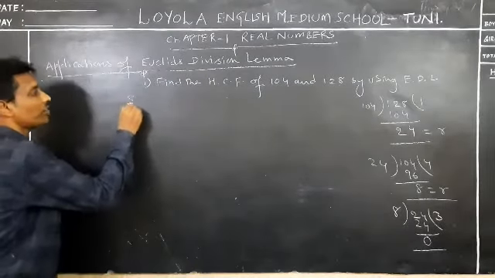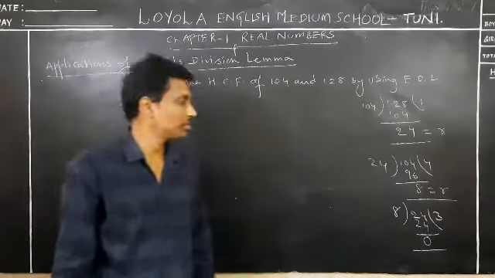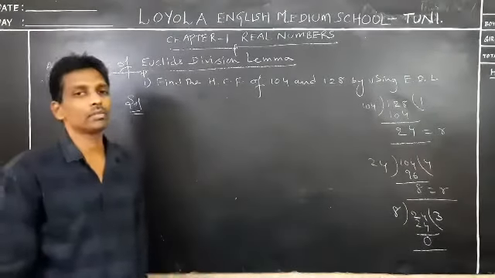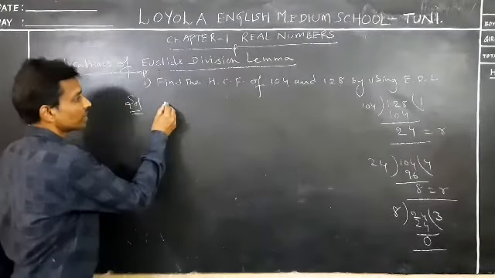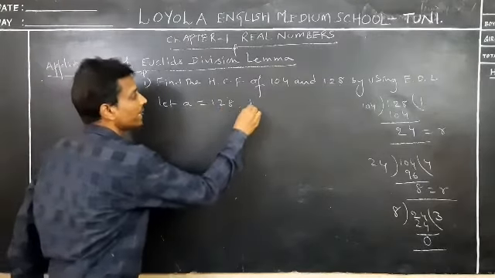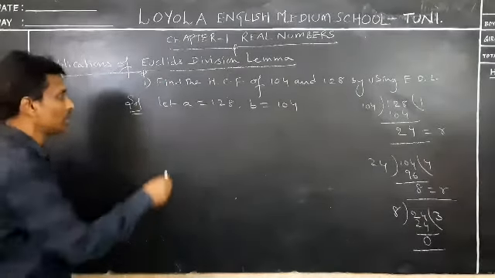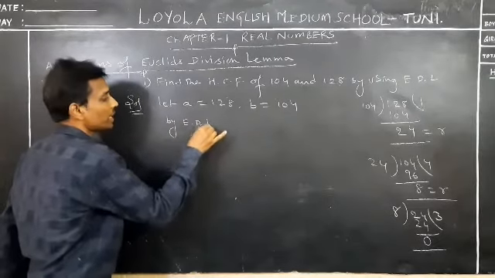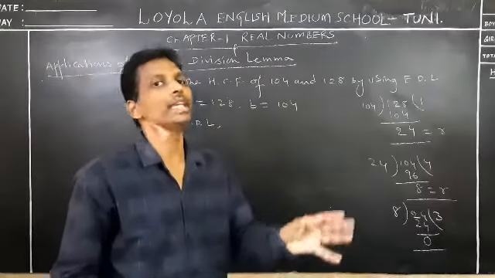See, when we are writing the solution by using Euclid's division lemma to solve this question, we must do the rough work at first and later better you write the solution process. Here, let A is equal to 128, B is equal to 104. In step 1, by Euclid's division lemma, it is nothing but we are writing the division equation.